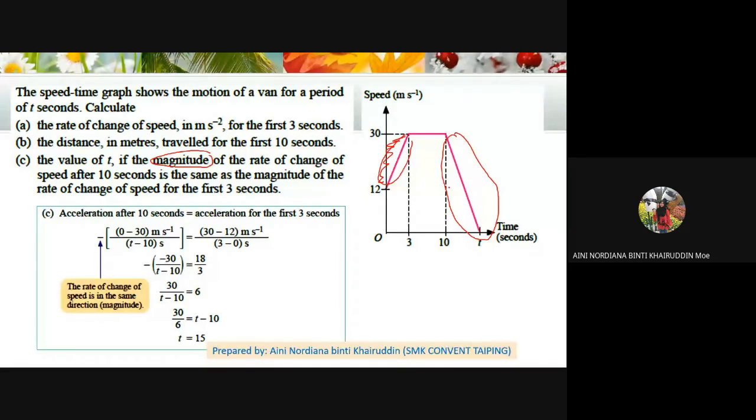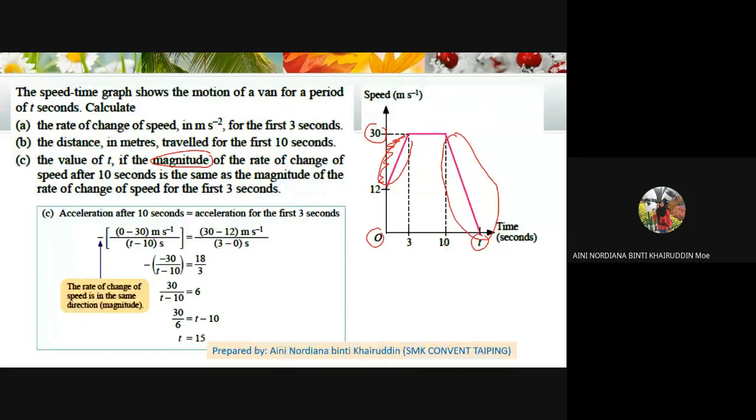So formula dia 0 minus 30 over 10 minus T minus 10. Okay, yang ni adalah yang negative gradient ni. Acceleration for the first 3 second ni yang ni. So 30 minus 12, 3 minus 0. So selesaikan, you akan dapat T equals to 15.